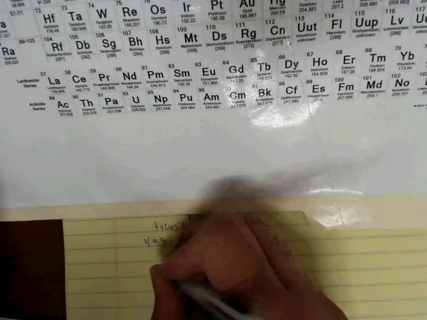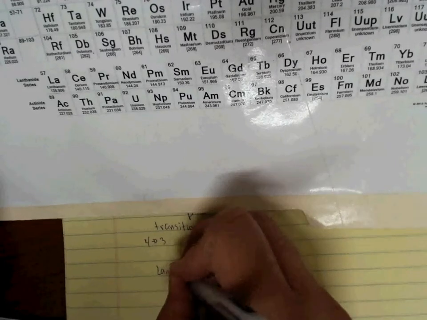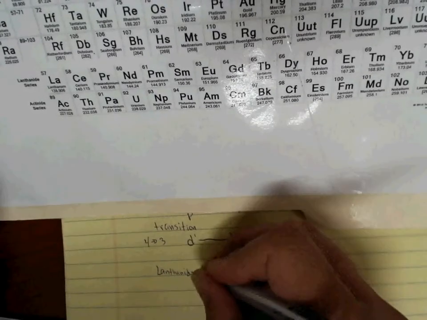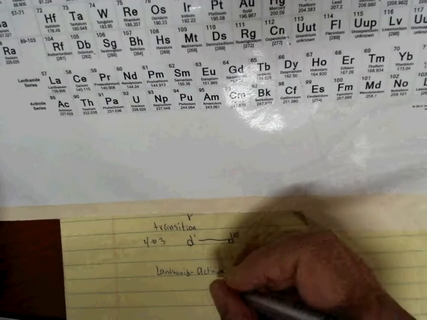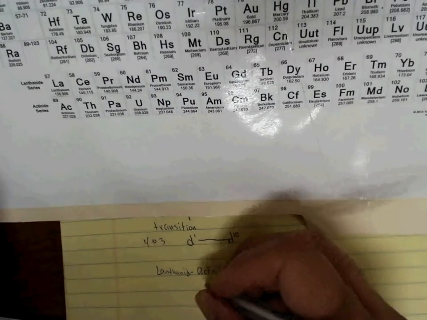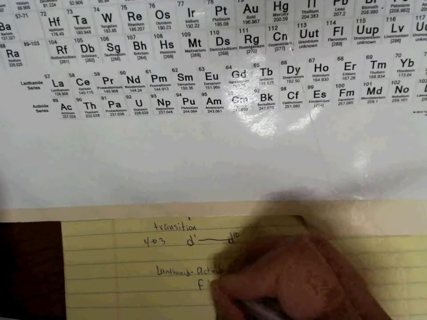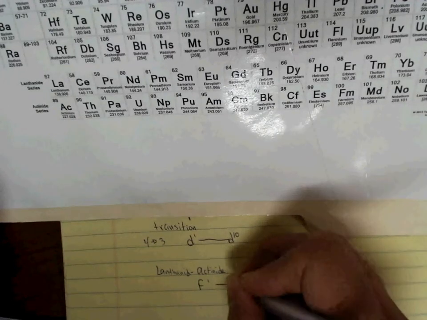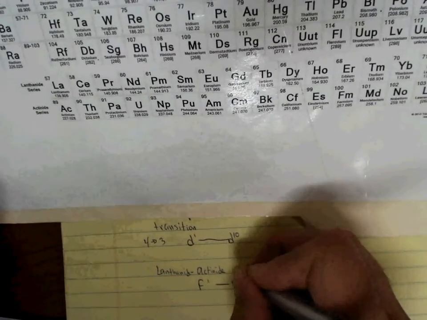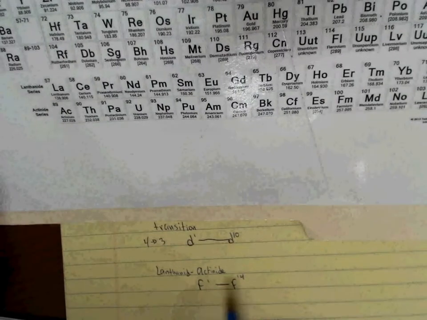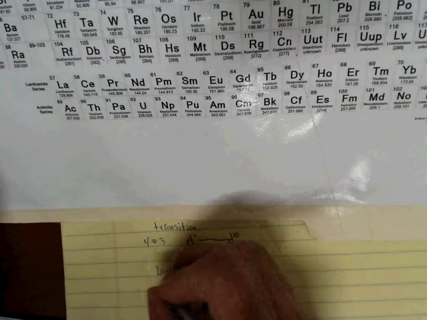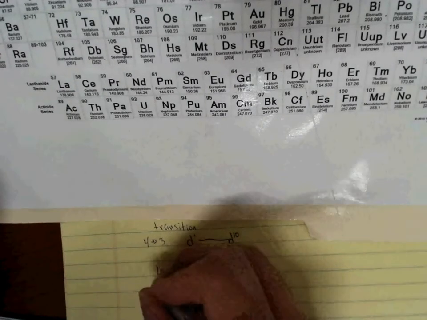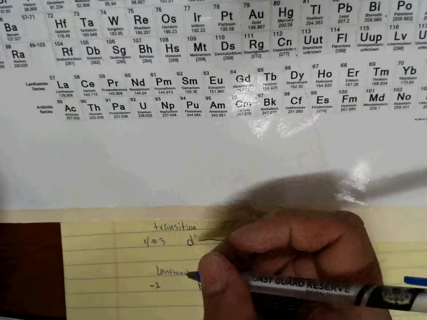Then we have the lanthanide and actinide series, and those are 14 in the F orbital. So you're from F1 to F14, and these are your period number minus 2.